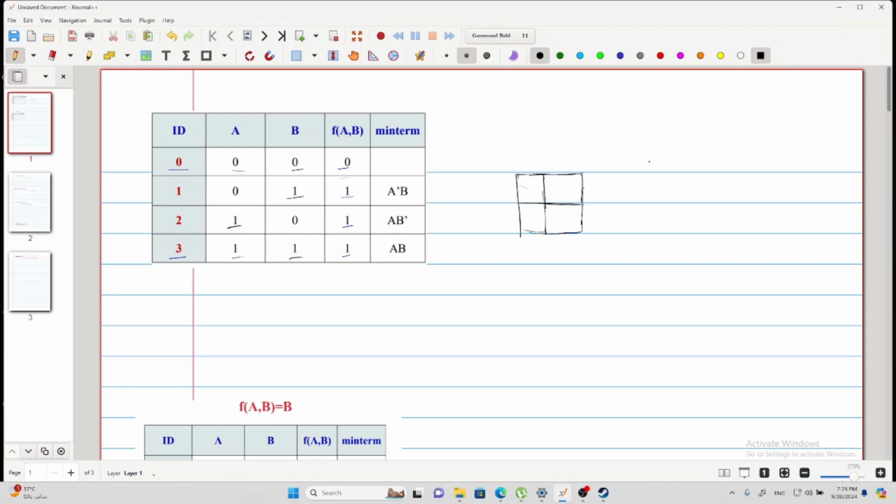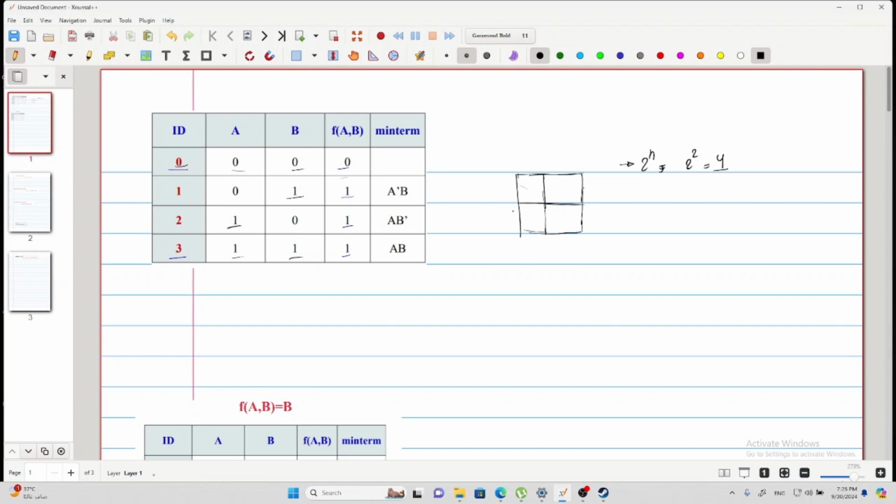The amount of possibilities in any amount of variables is determined very easily: it is 2 to the power n. In our case, we have 2 to the power 2, which means you have four possibilities, from 0 to 3.